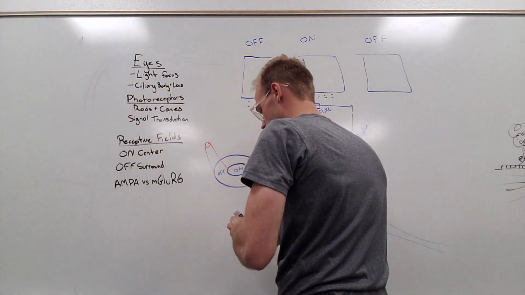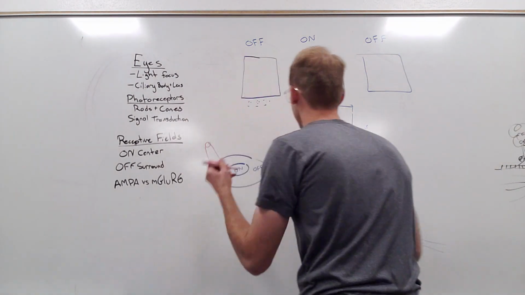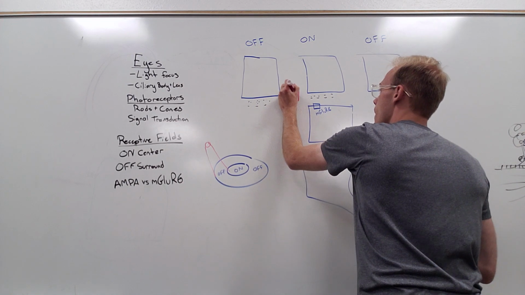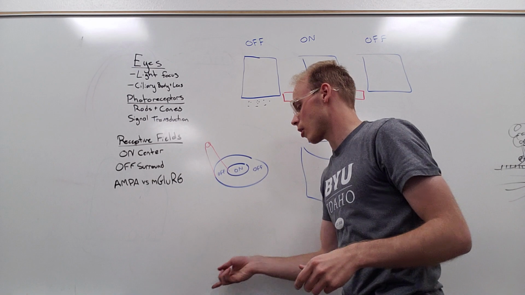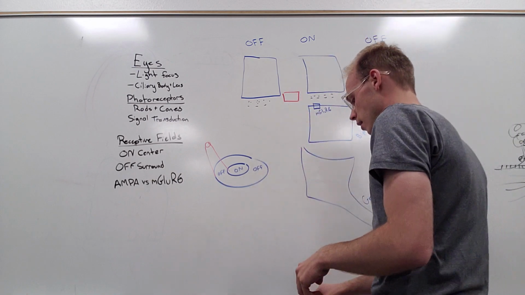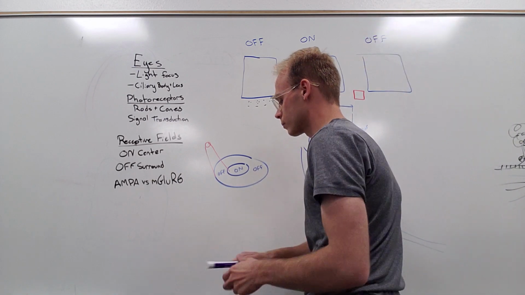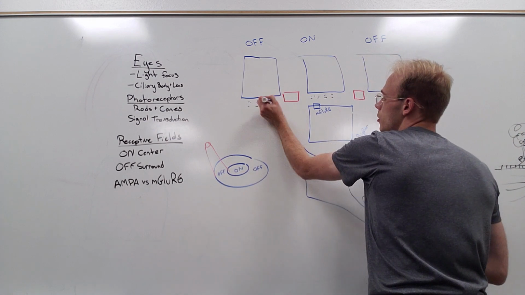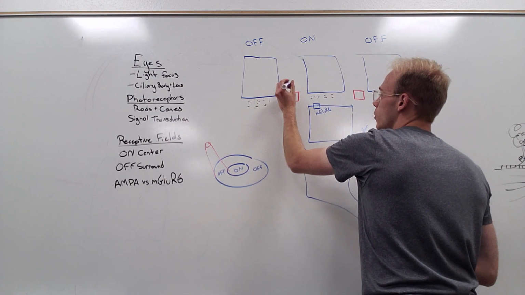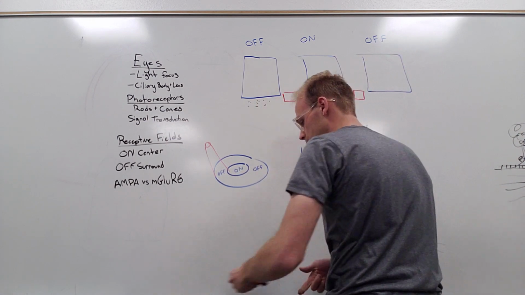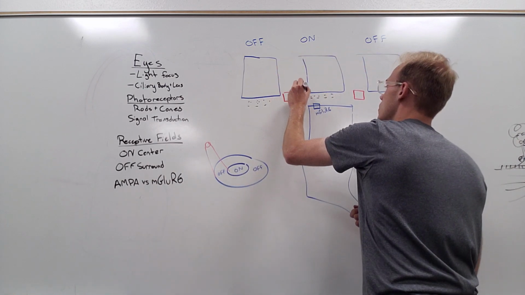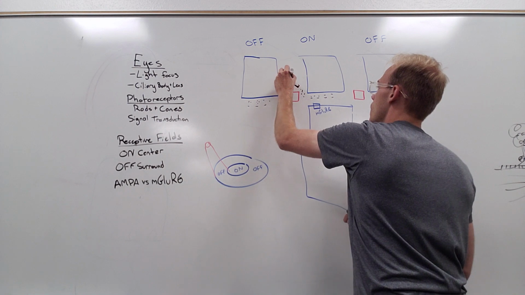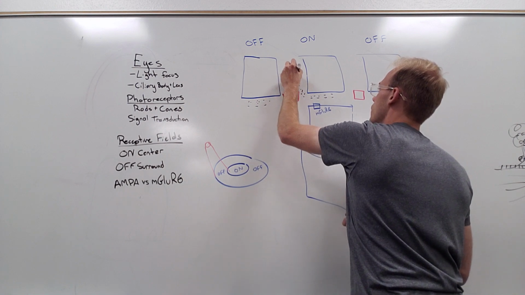The cool thing is what we have here. So those little red boxes are what's called horizontal cells. And so when they interact with glutamate, they're depolarized, and they end up releasing a neuromodulator called GABA.